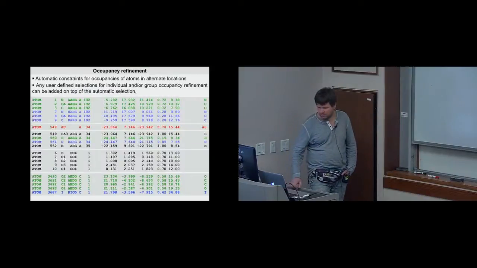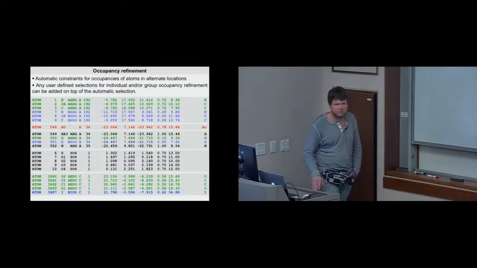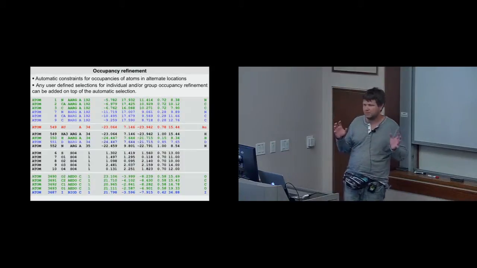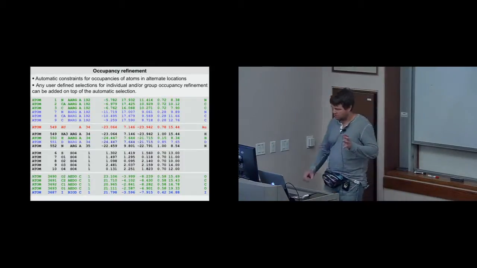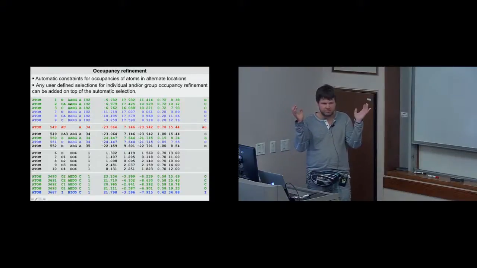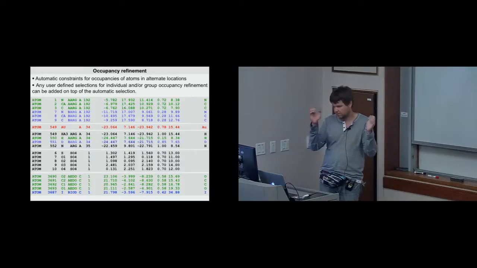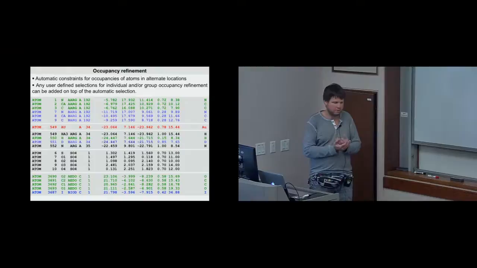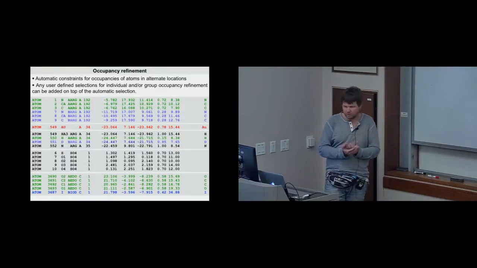Okay, finally, occupancy refinement. It's very comprehensive in Phenix in the sense that we can have all kinds of crazy things defining occupancies. One is the simplest way: you have 2 side chains in alternative conformations. That's the easiest case. We can do it. More complex could be having different chemical entities sharing the same place at partial occupancies.